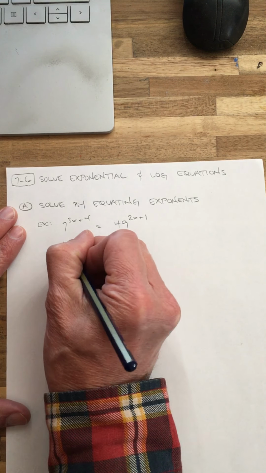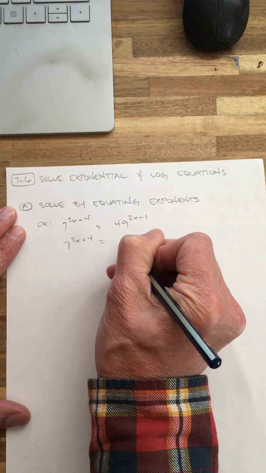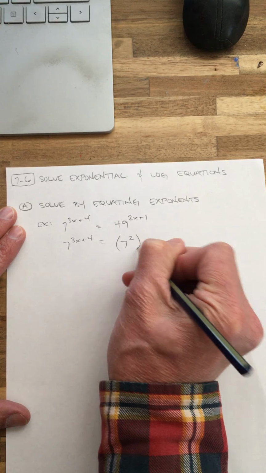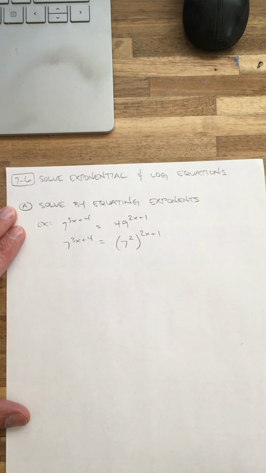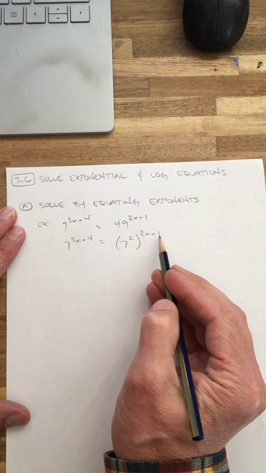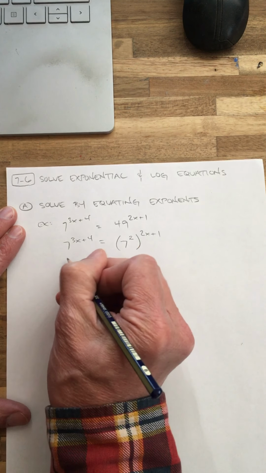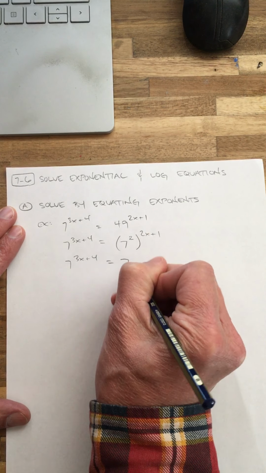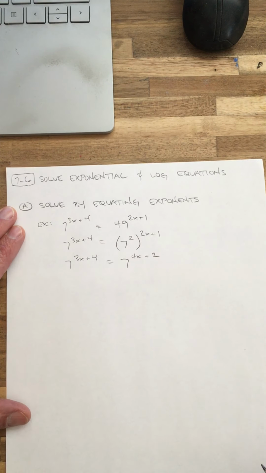If I have 7 to the 3x plus 4 equals, isn't this also 7 squared to the 2x plus 1? 7 squared is 49 to the 2x plus 1. And now watch, just distribute that to the power inside. So we get 7 to the 3x plus 4 is equal to 7 to the 4x plus 2.